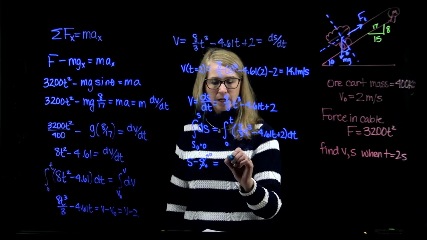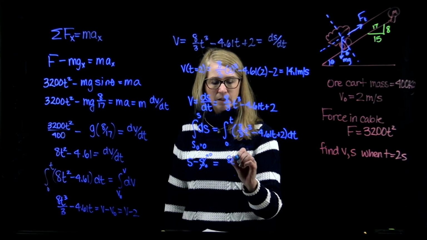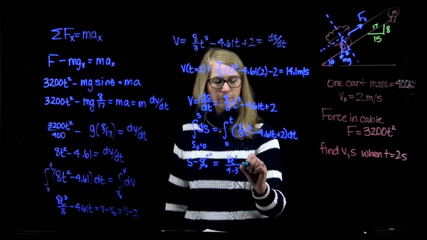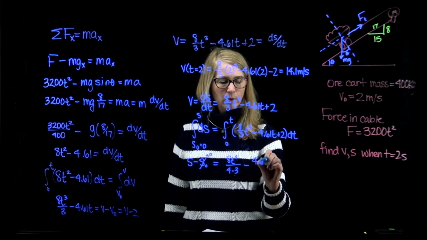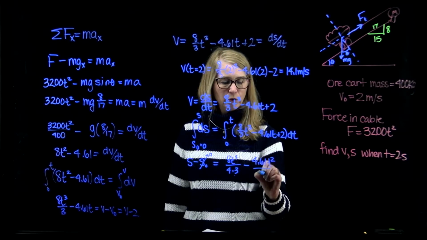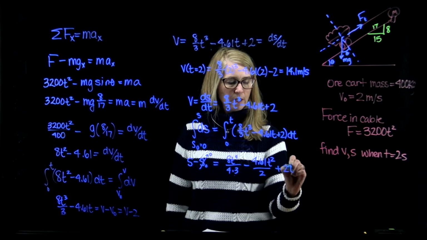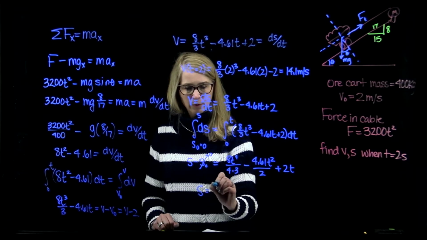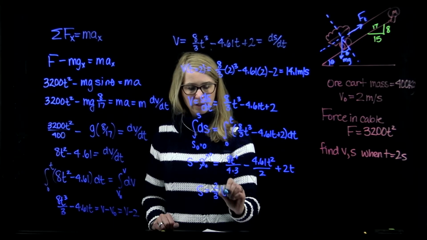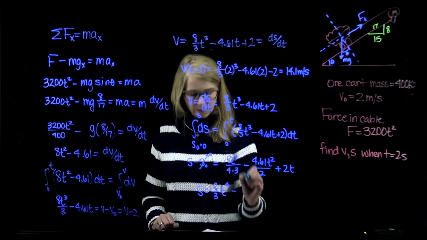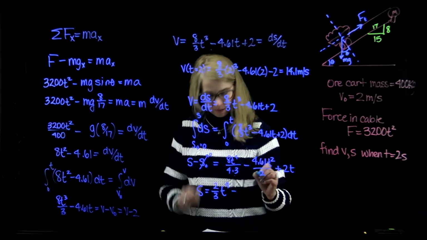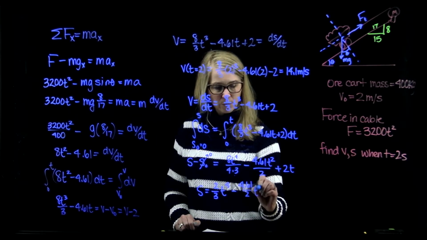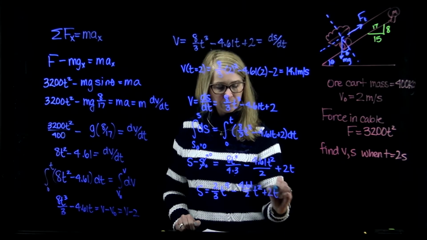When I integrate the right-hand side, I get 8t to the 4th over 4, but there's also that 3 there, minus 4.61 t squared over 2 plus 2t. So s is equal to 2/3 t to the 4th minus 4.61 over 2 times t squared plus 2t.